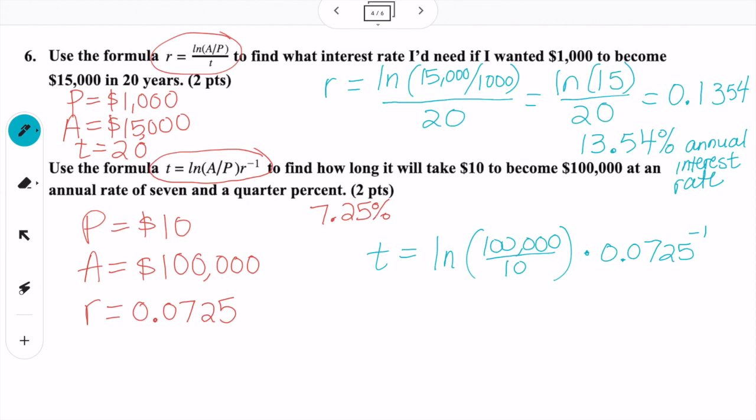I'm going to make sure to do what's in the parentheses first. 100,000 divided by 10 is 10,000. Then I can do the exponent and the natural log. Both of those need to be done before we multiply.